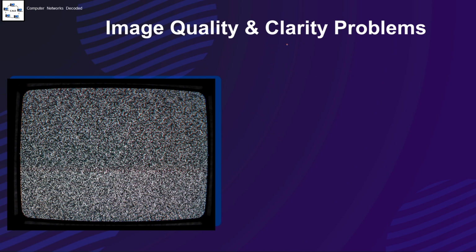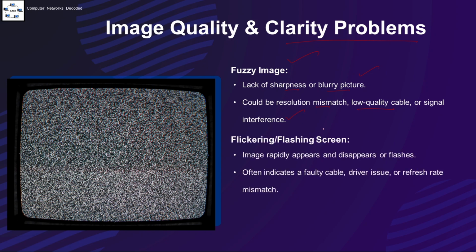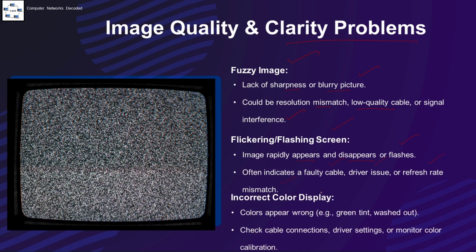Image quality and clarity problems. A fuzzy image means a lack of sharpness or a blurry picture. This could be due to a resolution mismatch, low quality cable, or signal interference. A flickering, flashing screen, where the image rapidly appears and disappears or flashes, often indicates a faulty cable, driver issue, or refresh rate mismatch.